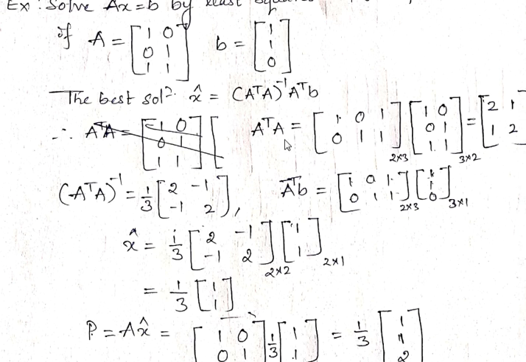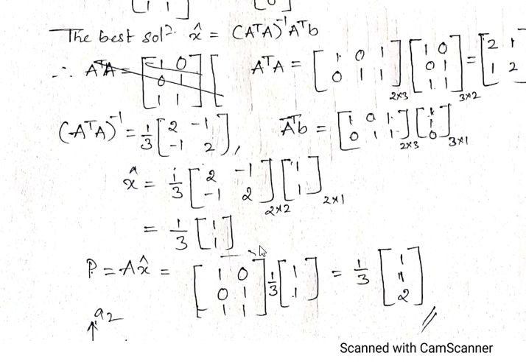The value of A transpose B works out to be (1, 1). Multiplying these, we get 1 by 3 times (1, 1).